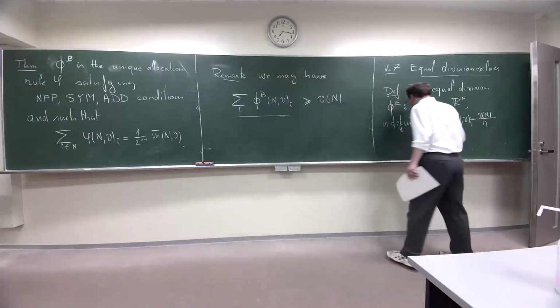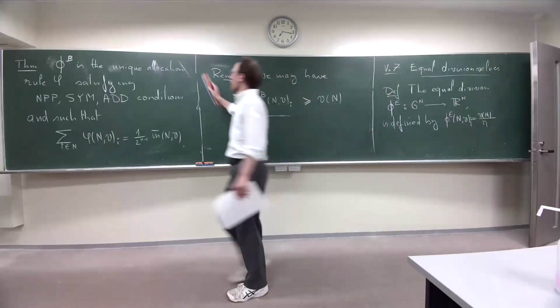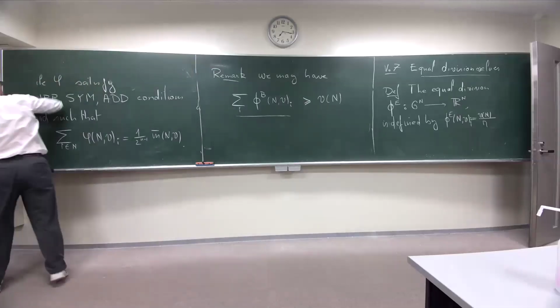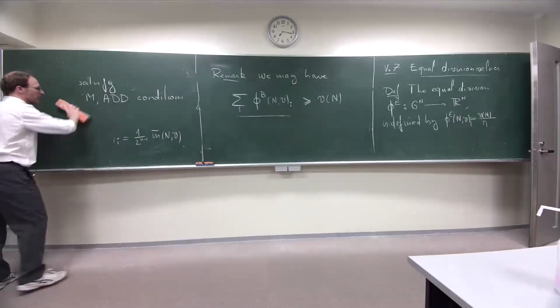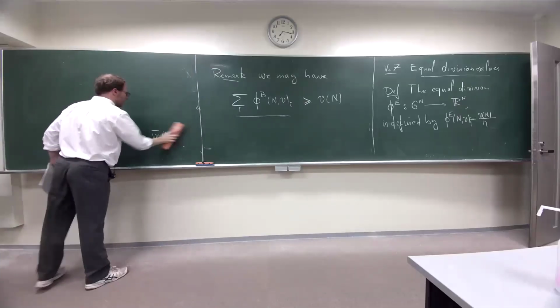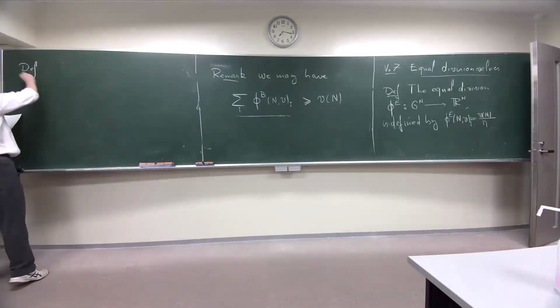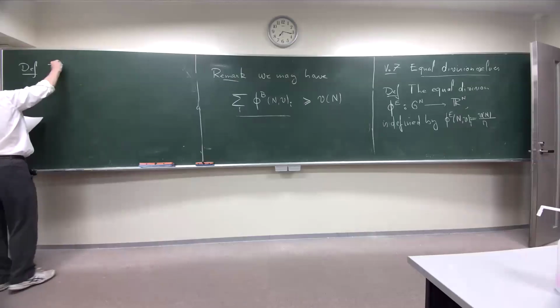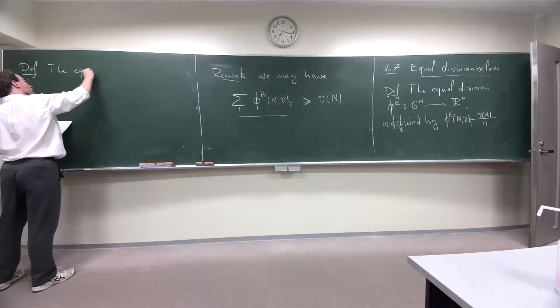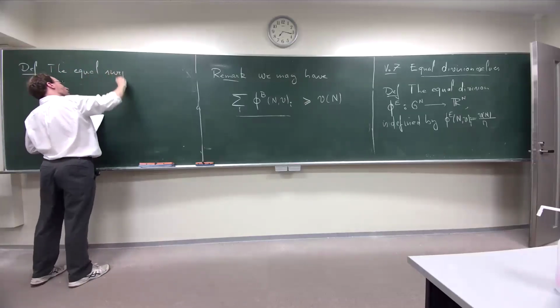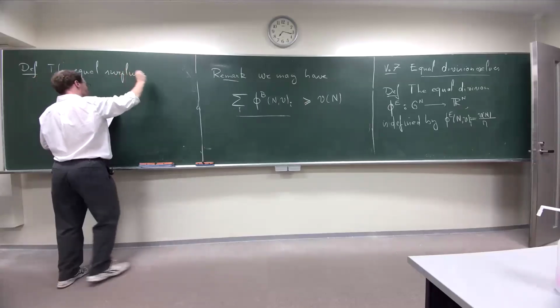And another one, which is an epsilon more complicated, is called the equal surplus division.